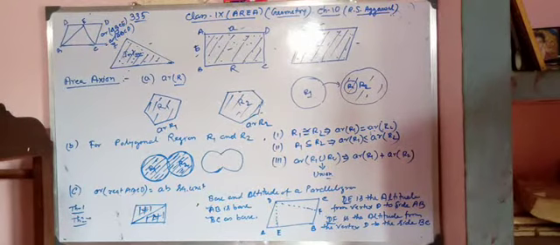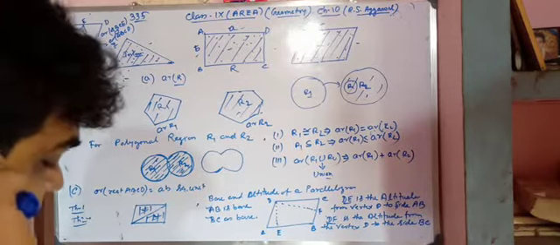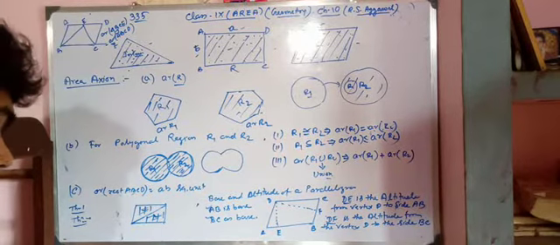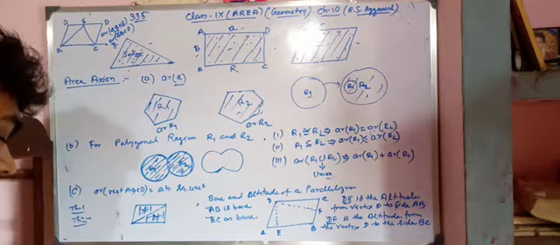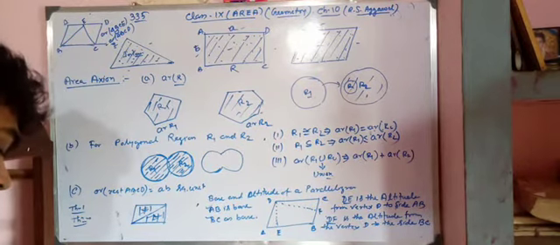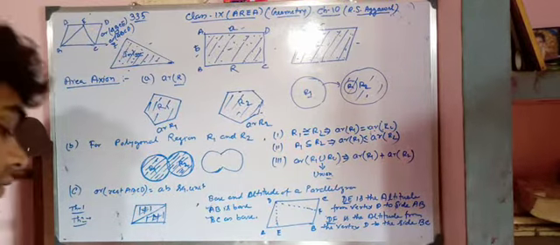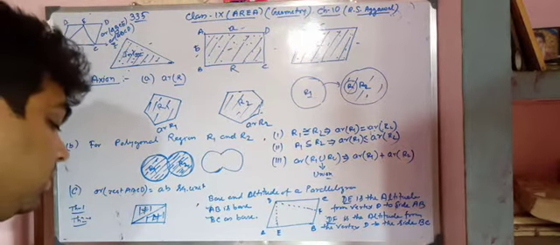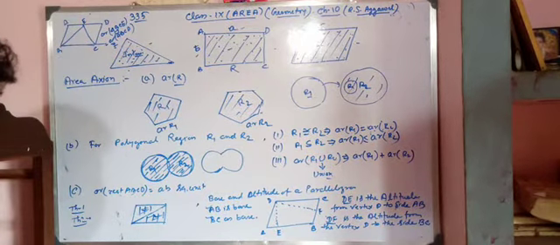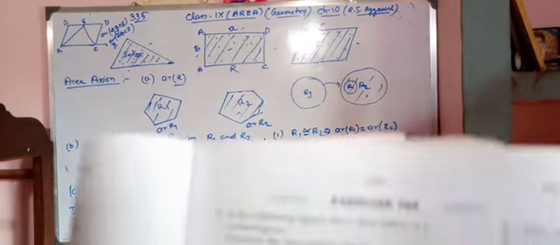That's it for today's class. Solved examples are also given, examples 1, 2, and many more in the R.S. Agarwal mathematics book. 22 examples are given, so don't miss any single one. Go through all of them. Next, we will start exercise 10A.